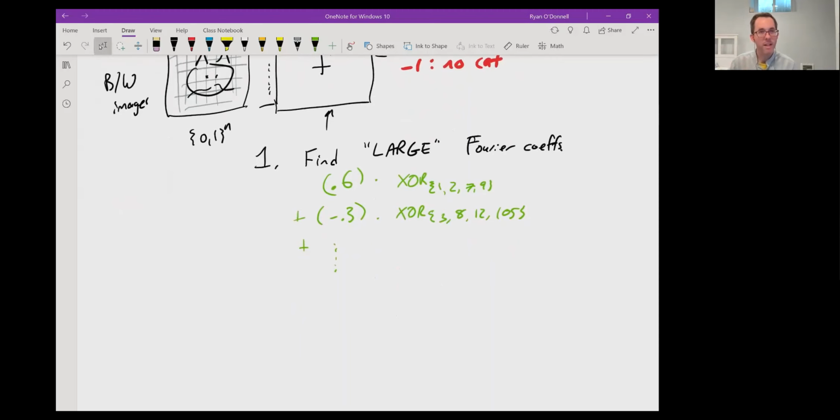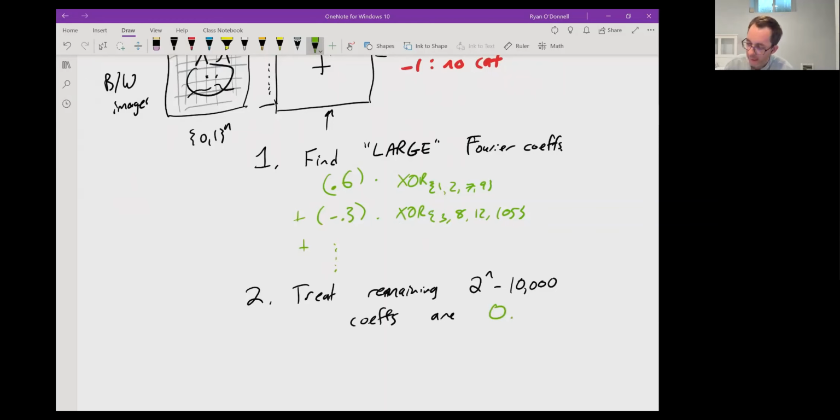Maybe it'll come back with 10,000 different intensities. And then you found all the large ones, but there could also be a lot of other ones that are maybe important, but you just hope that they're not important. So you just treat the remaining 2 to the n minus 10,000 coefficients as 0.